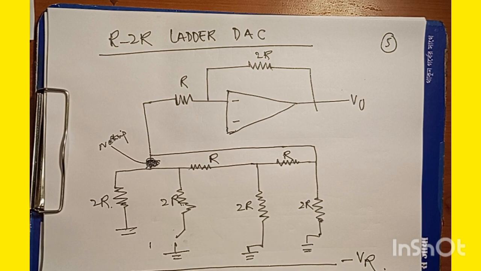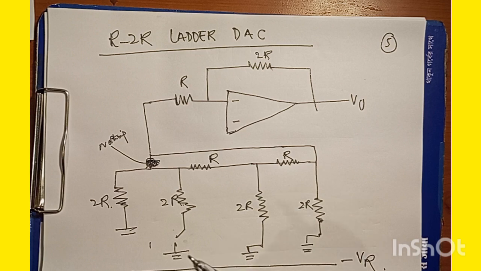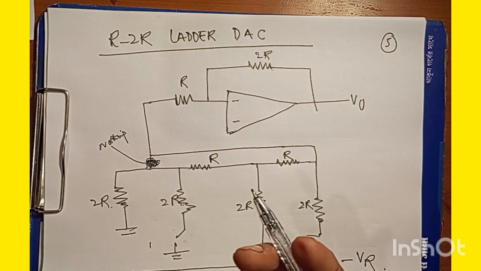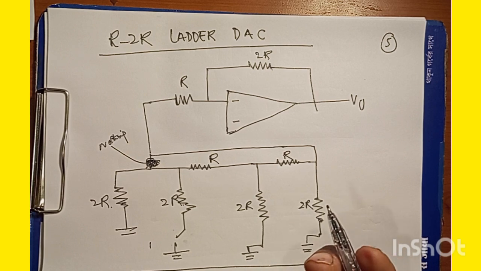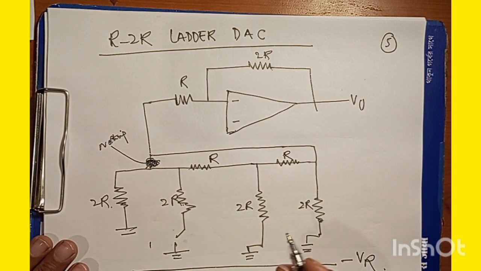Now, if we go back to the concept of the bits of a binary number, they can have only one of two values, right? It can either be 0 or it can be 1. Now let us assume that the 3-bit binary input that we have here is B2, B1, and B0.